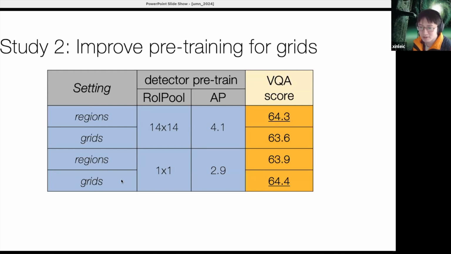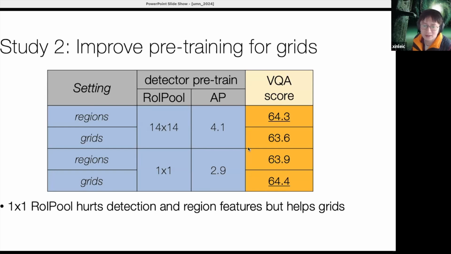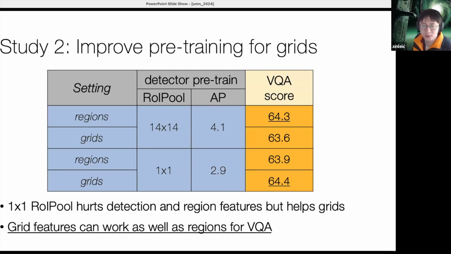And we can do the ablation that with one by one pooling, we can also extract region features. It's actually worse than the grid features. But if we do 14 by 14 pooling, then the grid features are inferior. So this is validating that one by one pooling hurts the detection and the region features, but it helps the grid features. But with this, we show that grid features can work just as well as regions for visual question answering.